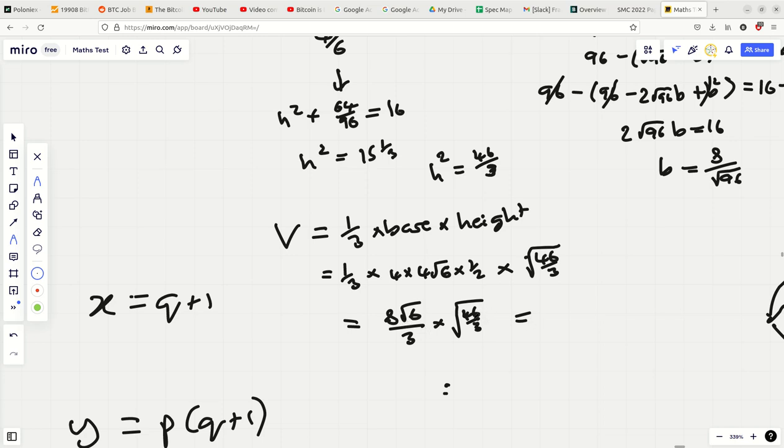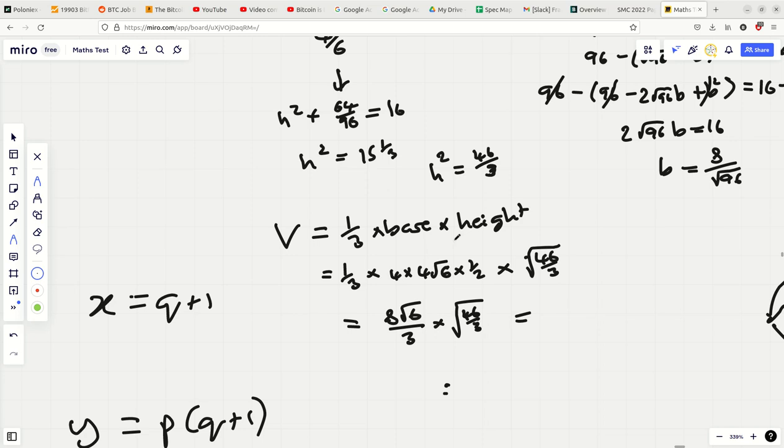If I take out, are there any square factors in 46? Certainly not, because that's 2 times 23. That's going to give me 8 over 3 times by, I might even call that root 9 down there, just to make things a little bit nicer.